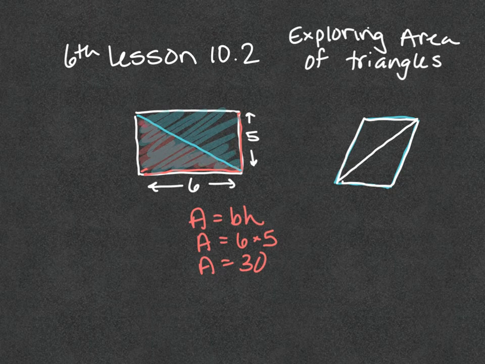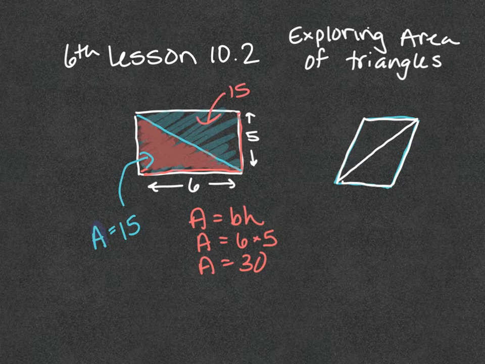If I only wanted to know half of it all, then what's only half of it? Right, it's 15. That doesn't show up. Let me use a different color. Area of that triangle is 15. It would be 15 here, and it would be 15 for this triangle, and altogether would be 30.